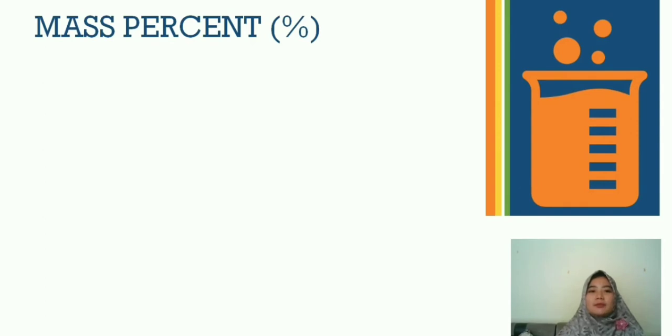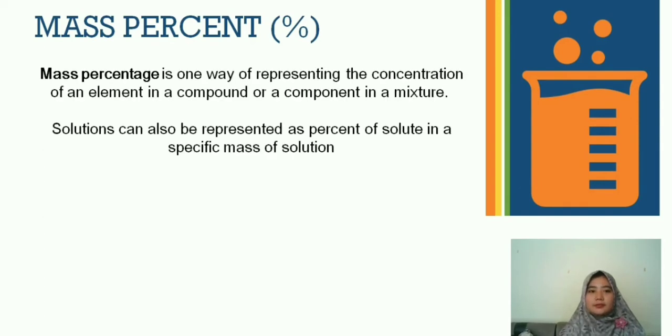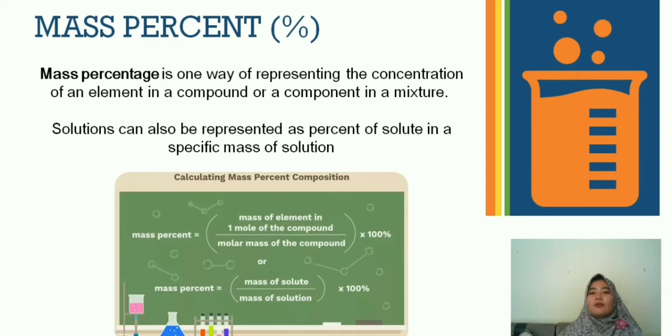First is mass percent. Mass percentage is one way of representing the concentration of an element in a compound or a component in a mixture. Solution concentration can also be represented as percent of solute in a specific mass of solution. For calculating mass percent composition, there is a formula.